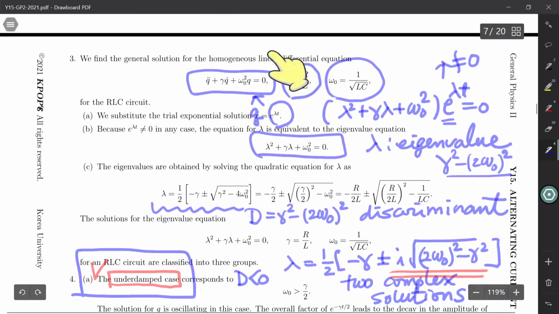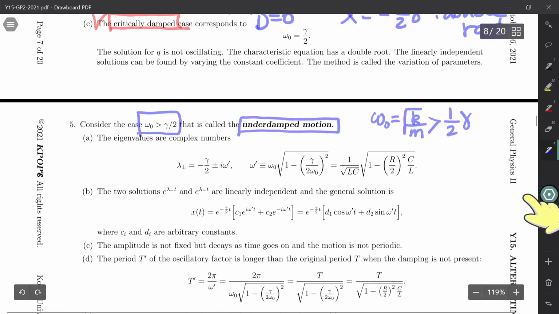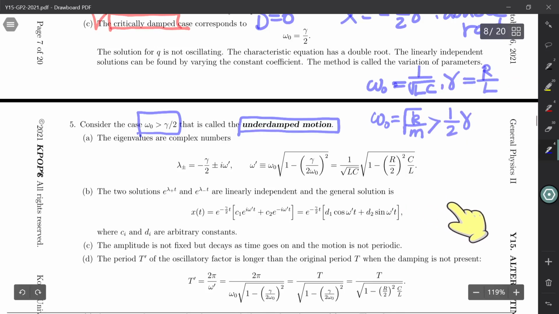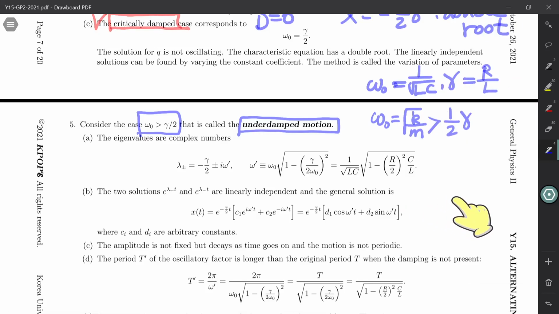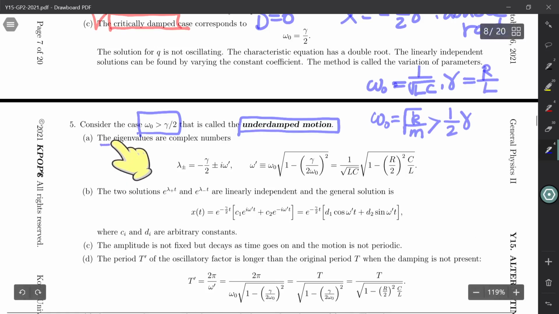And because we are interested in the RLC circuit, omega 0 equals 1 over square root LC, and gamma equals R over L. There are two complex eigenvalues for lambda.